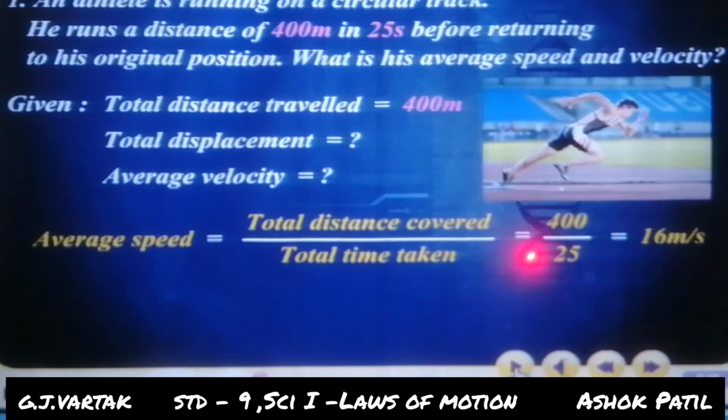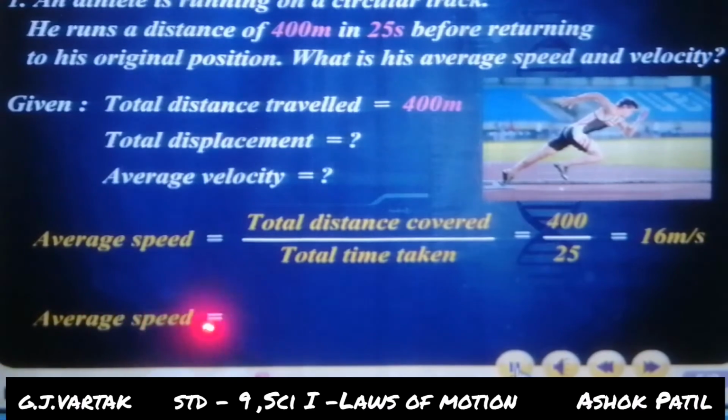In the division, 25 sixteens are 400. That's why the average speed is equal to 16 meters per second. That is how fast the athlete runs.